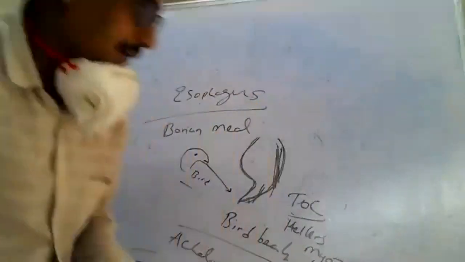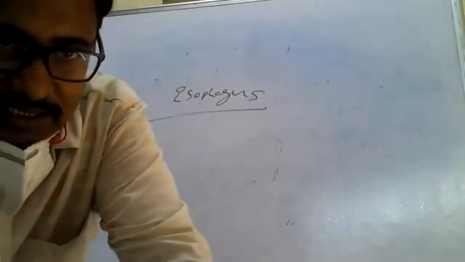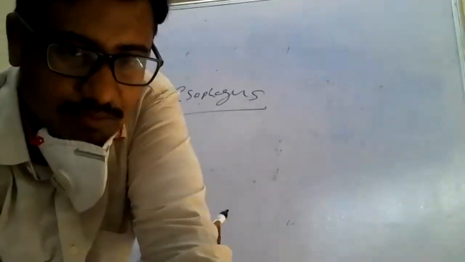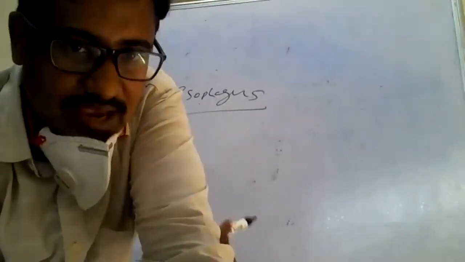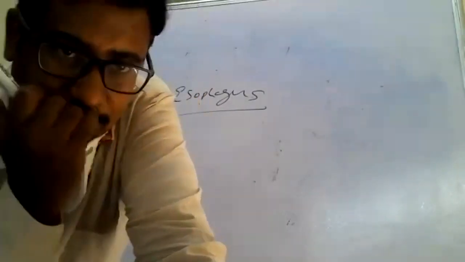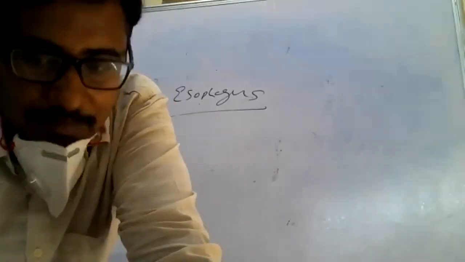Can anybody say what is the differential diagnosis of achalasia cardia? The same mechanism or pathophysiology, absence of the myenteric plexus, is present in the rectum and the anus.